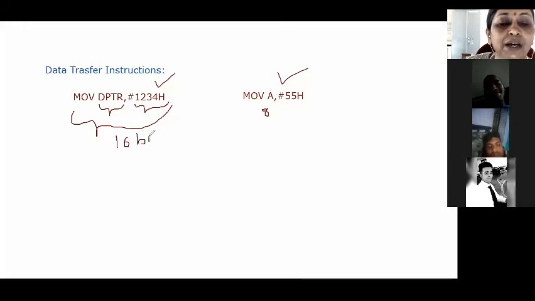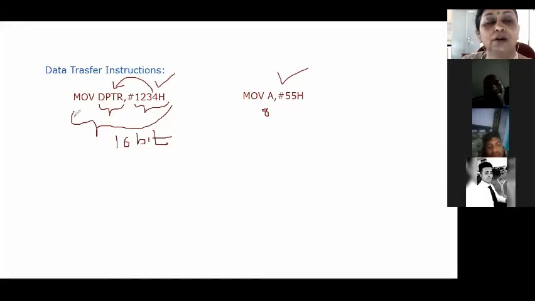And as we are using a 16-bit register here, the data that we are moving to the DPTR is 16-bit. This data is 16-bit, 0001, 0010, 0011, and 0100. And the data we are moving here is 8-bit, 0101, 0101.